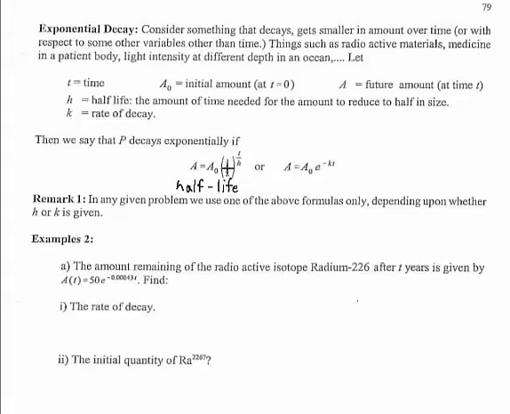So on one hand we have a half as our base, and then on the other, for continuous compounding or continuous decay, we have the natural number e, natural exponential. Alright, and so I think we're going to use both of these. This is typically used to describe the amount of radioactive substance that's left after a certain amount of years.